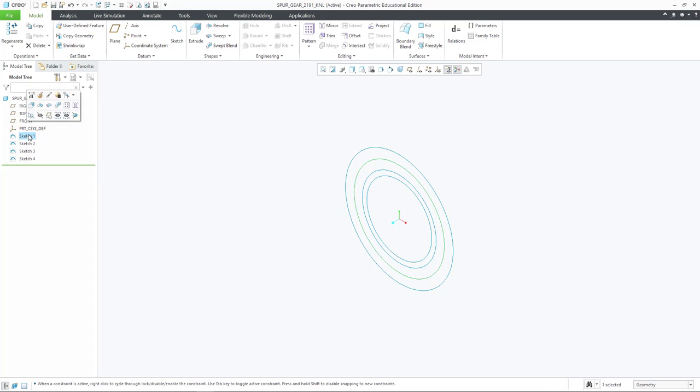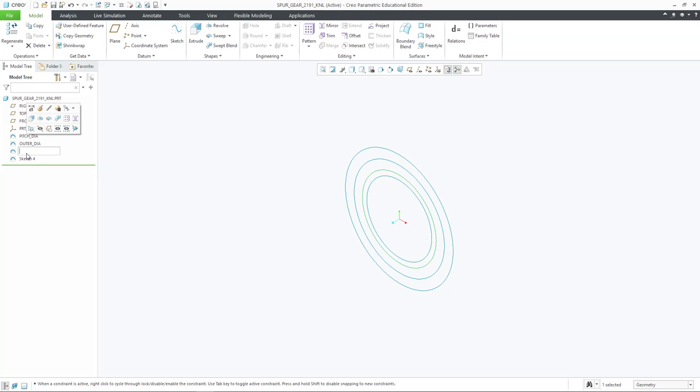Okay. All right, so my first sketch, I'll make that my pitch diameter because that's pretty important. The second one, I'll make the outer diameter.